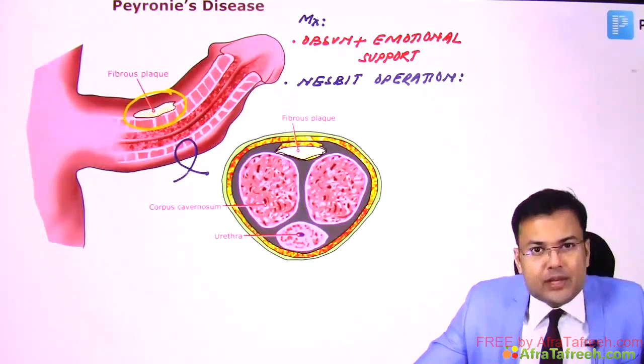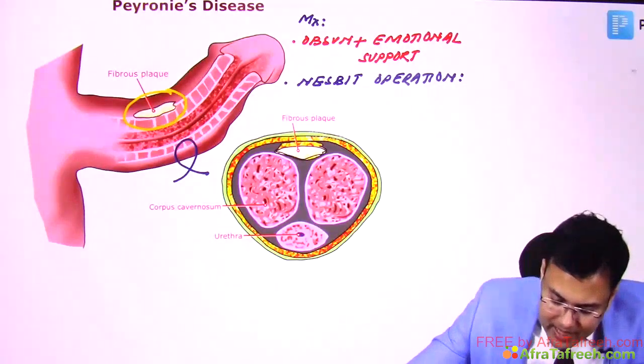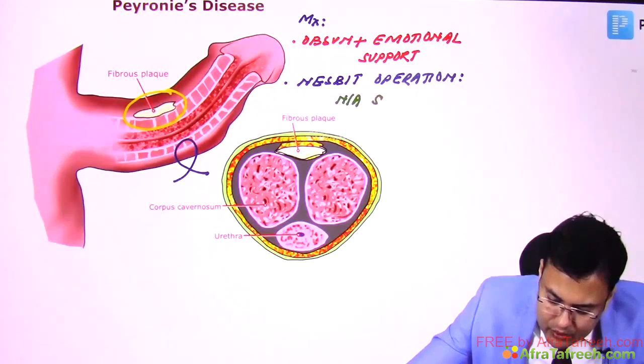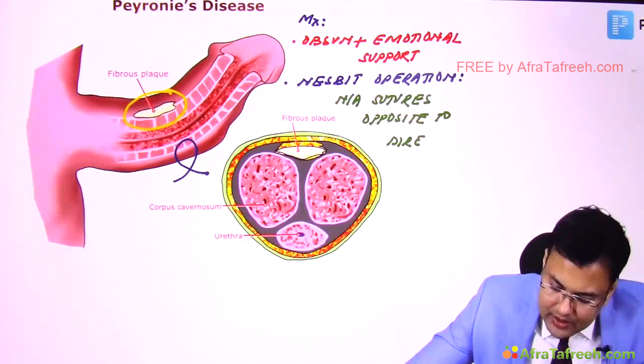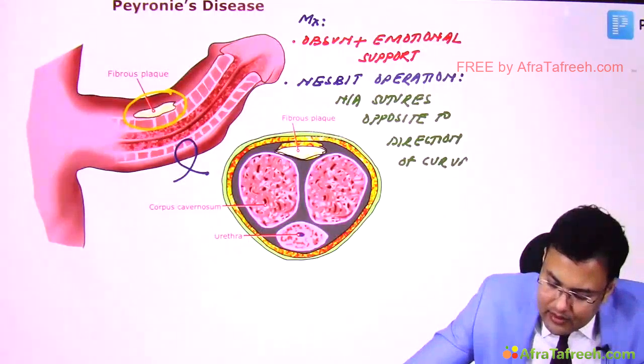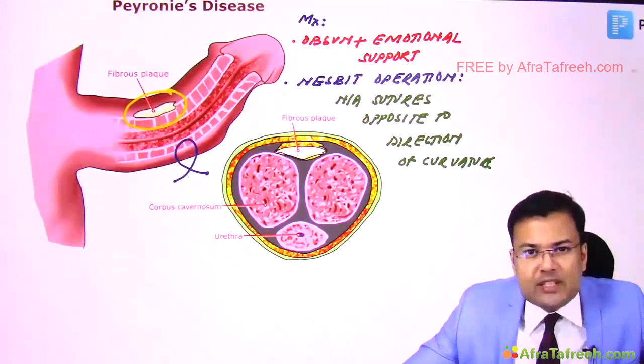This is Nesbit operation. So this is penile straightening operation in which we apply non-absorbable sutures opposite to the direction of curvature. Okay, opposite to direction of curvature, right? So this is how we are going to manage the patients of Peyronie's disease.